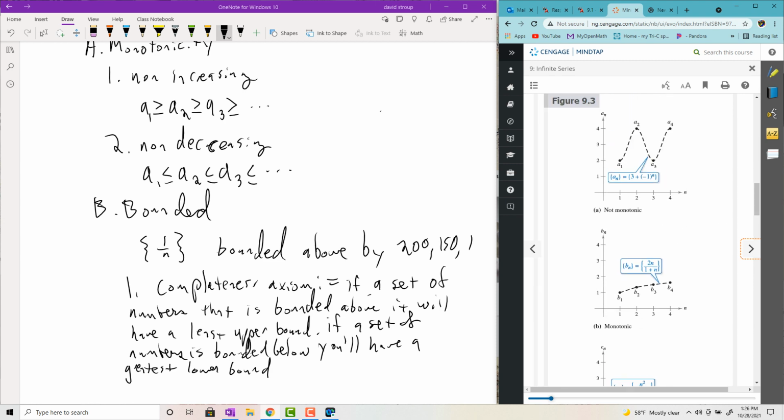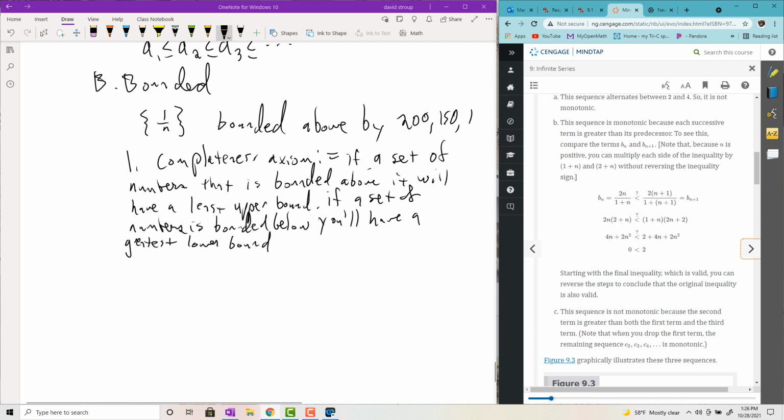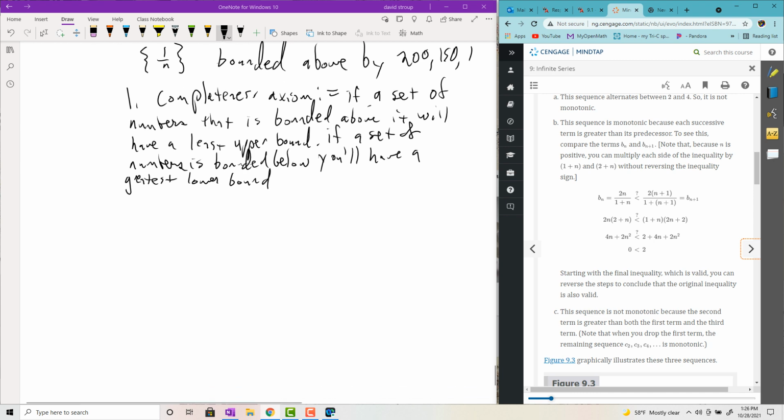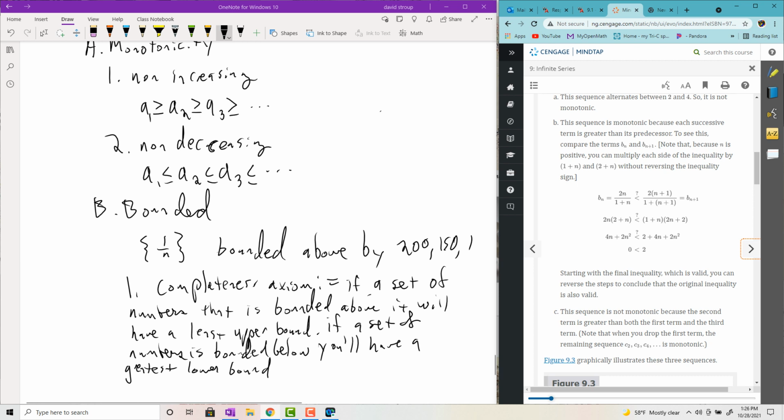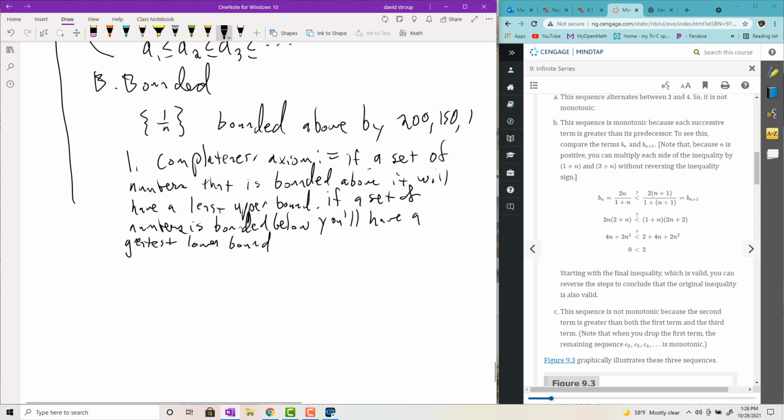And they kind of do this little inequality game here. We'll have to prove things are monotonic later in chapter 9. Okay, so in order to pull that off, I want to give you some methods for proving these things are monotonic. Going up here with the monotonicity, I wanted to introduce some proof methods for that. The book shows you an example, but I don't think it's all that good of an example.